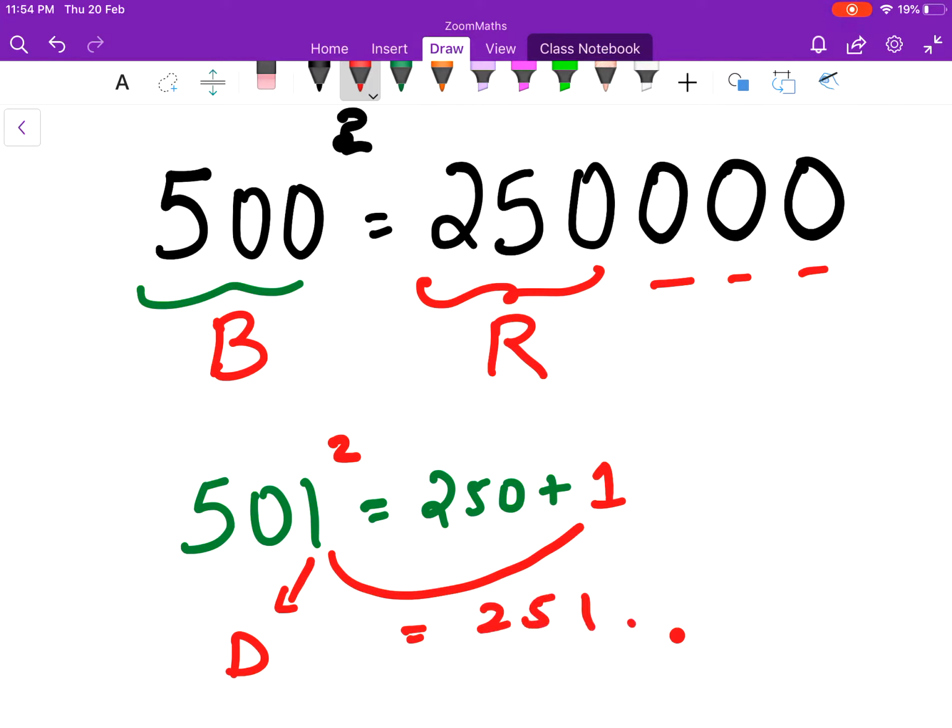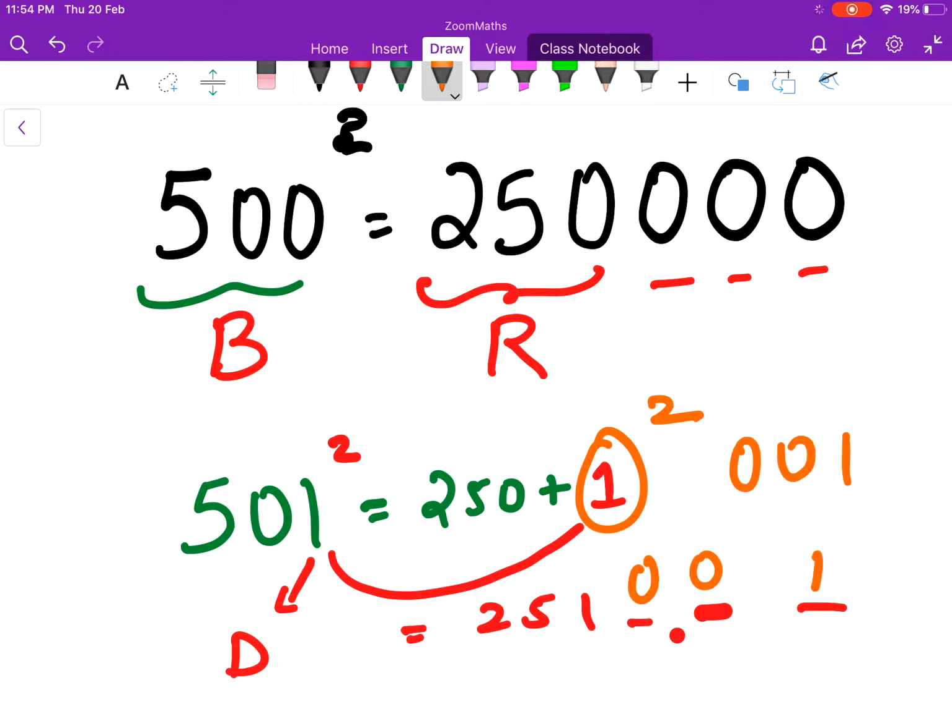Then you have those 3 dashes remaining, where you put the value of the deviation square, that is 001. If you have 11, you write 121. If you have 7 square, 49, you just use 2 spaces. Let's do some problems and understand this.